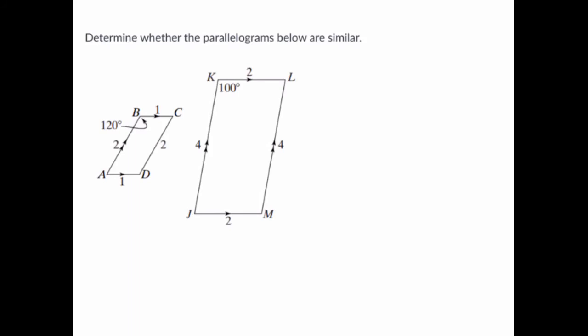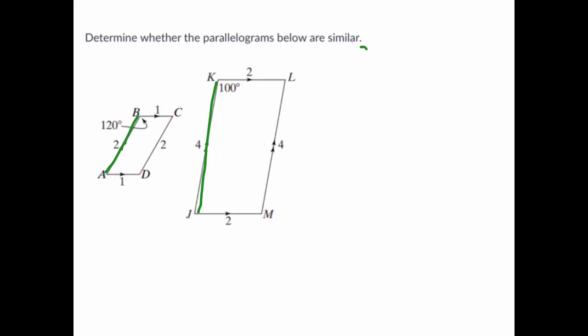So here's one of the questions from your practice. They want you to determine whether the parallelograms below are similar. And so we can use the sides here, BA and KJ. BA has a length of 2, KJ has a length of 4, so that would reduce to 1/2.